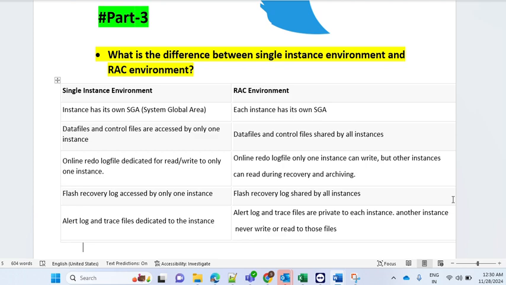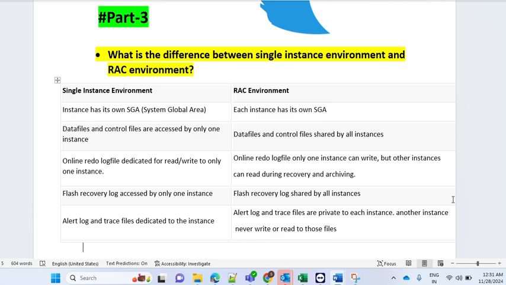Next, the online redo log file is dedicated for read and write to only one instance, but in a RAC environment, for the online redo log file only one instance can write, but other instances can read during recovery and archiving.